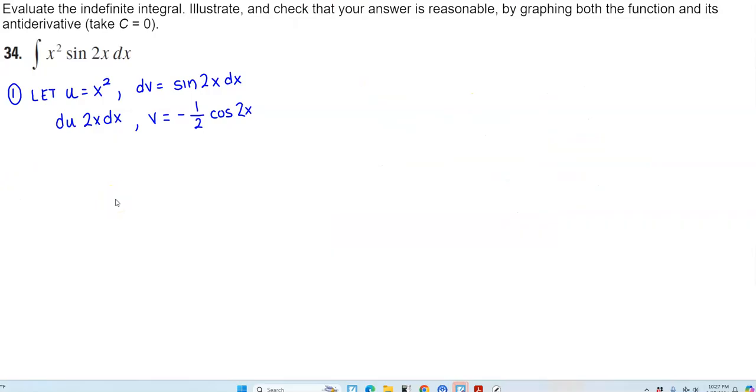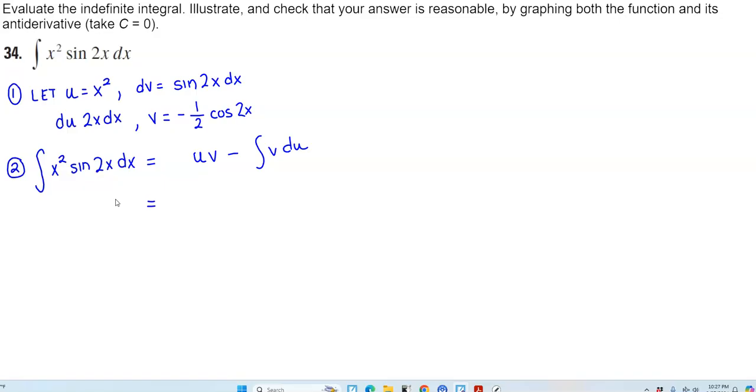Okay, so now in step number 2, let's go ahead and use our formula. We have x squared sine of 2x dx, which is going to equal u times v minus the integral of v du.